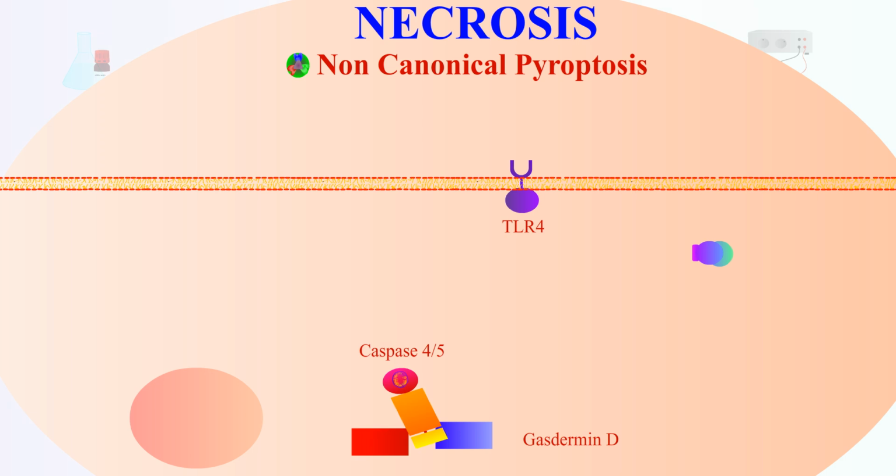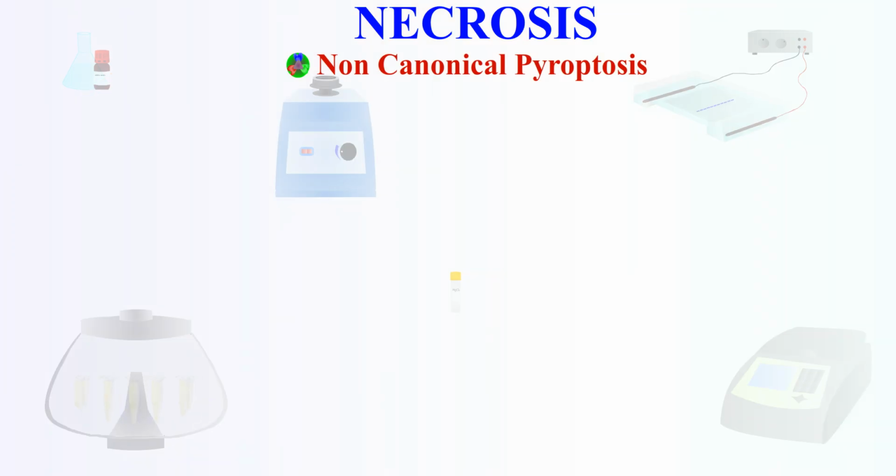Active caspase 11/4/5 cleaves gasdermin D, GSDMD, at its linker region. The GSDMD fragment translocates to the plasma membrane and forms pores, leading to cell swelling and rupture, and the release of IL-1 beta, IL-18, and other inflammatory signals.